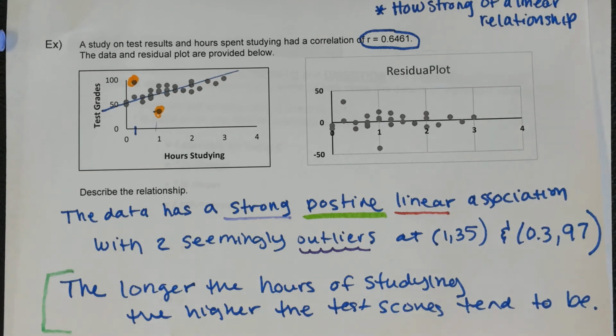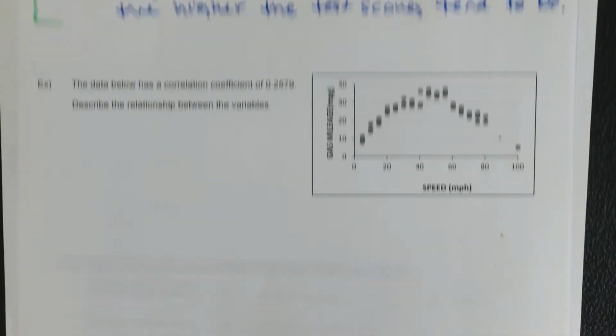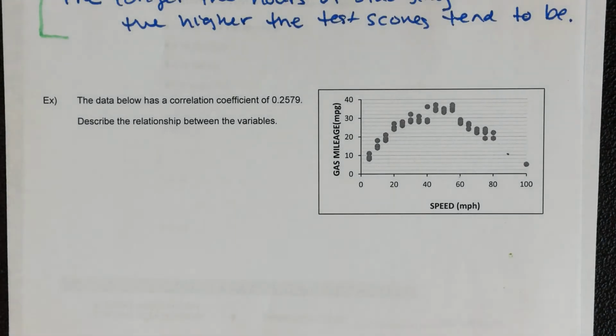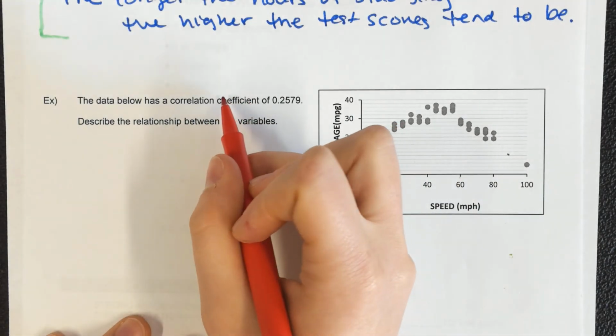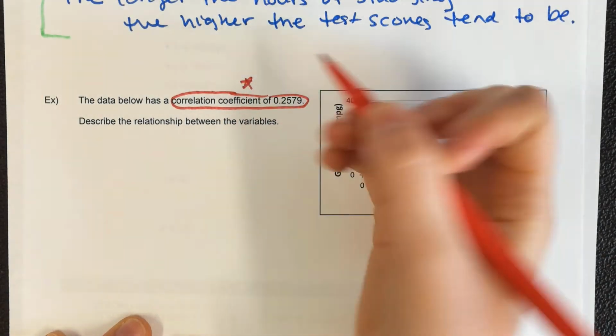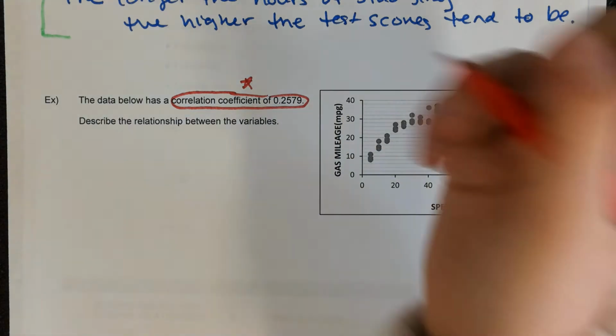All right, let's do one more of these things. Here is the next one. The next one says the data below has a correlation coefficient of this. Again, we have not talked about this yet, but the correlation coefficient, this right here, is how strong of a linear relationship we have. Again, this is not linear.